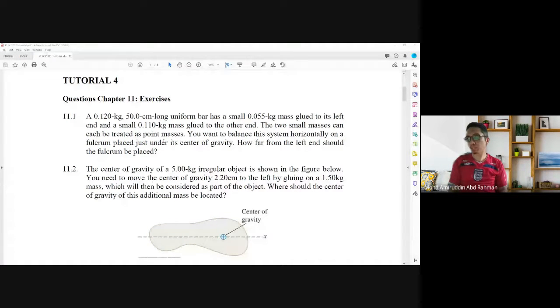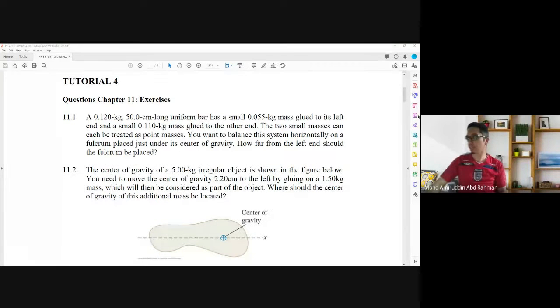You want to balance the system horizontally on a fulcrum placed just under its center of gravity. How far from the left end should the fulcrum be placed? This is like the previous problem that we did.